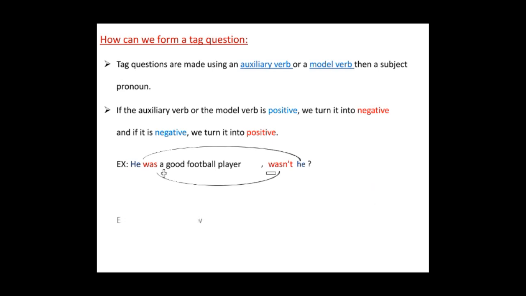Great. Another example. Sarah isn't here now. First of all, I put comma. Then I have to identify whether the sentence is affirmative or negative. The sentence is negative. Great. Now, I shall start here after the comma by an auxiliary, but the sentence is negative, so my auxiliary will be affirmative. So, isn't turns into is.